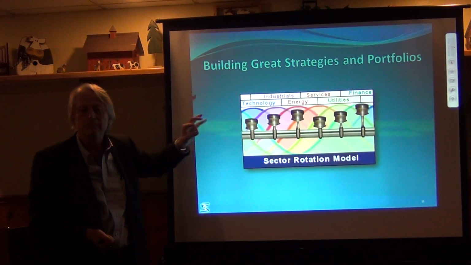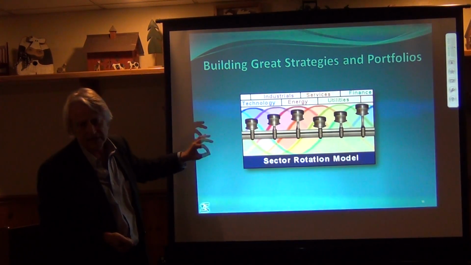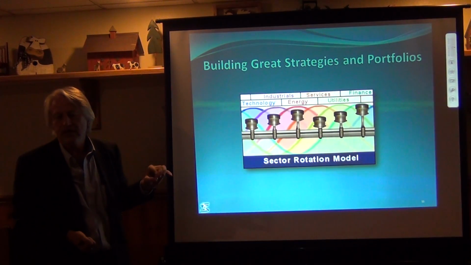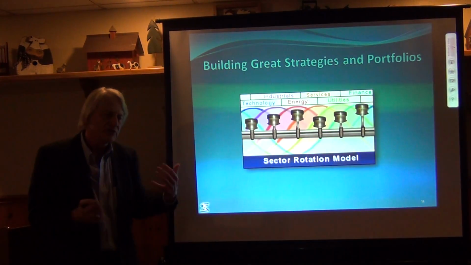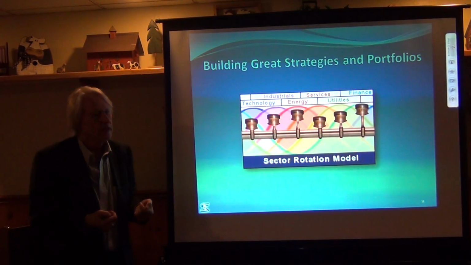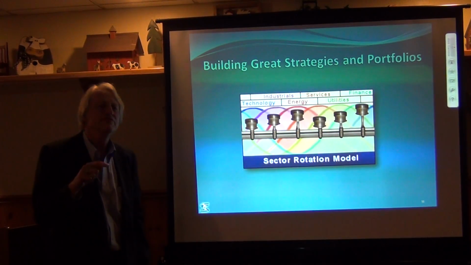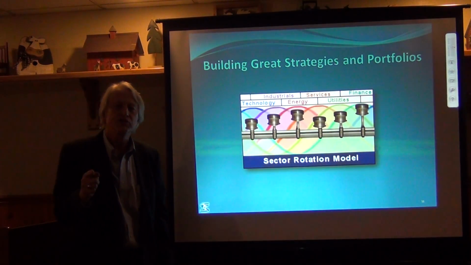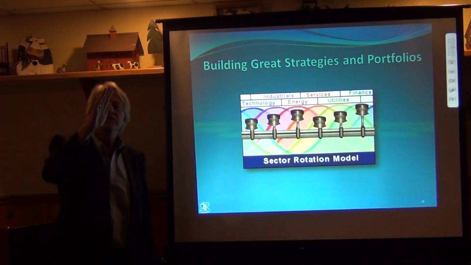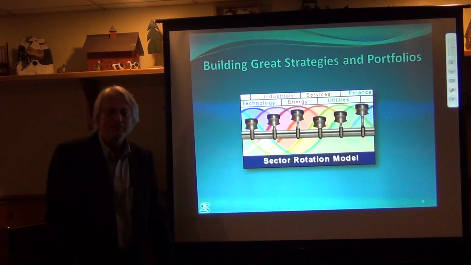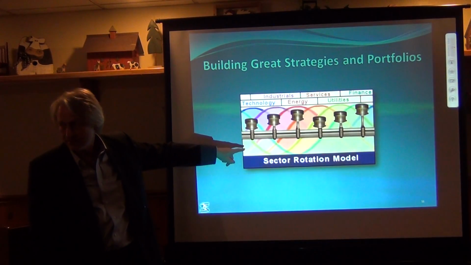One thing I'll just mention here, which is very important, though we'll probably not get into it in the other sessions: when you are constructing SectorSurfer strategies, some of you have probably noticed there's a strategy online called Black Gold. It goes up like this and then goes flat. This is the problem with it.